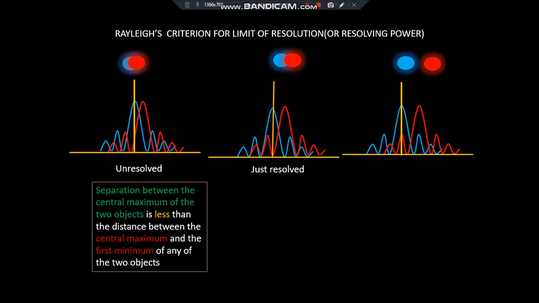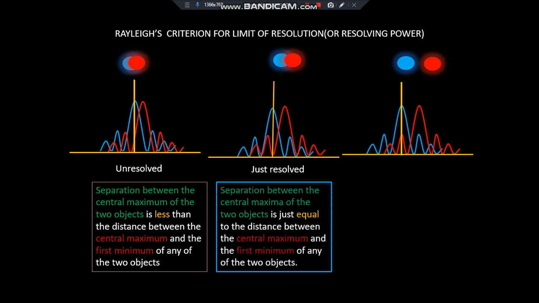The second one is just resolved. Here, the separation between the central maxima of the two objects is just equal to the distance between the central maximum and the first minimum of any of the two objects. And as you can see in the last figure, it is very well resolved. The two dots are well separated.